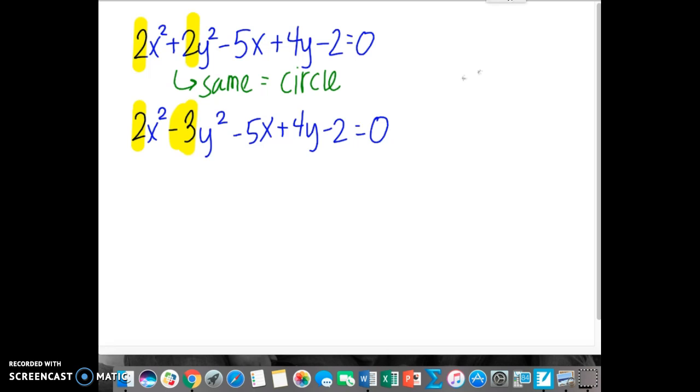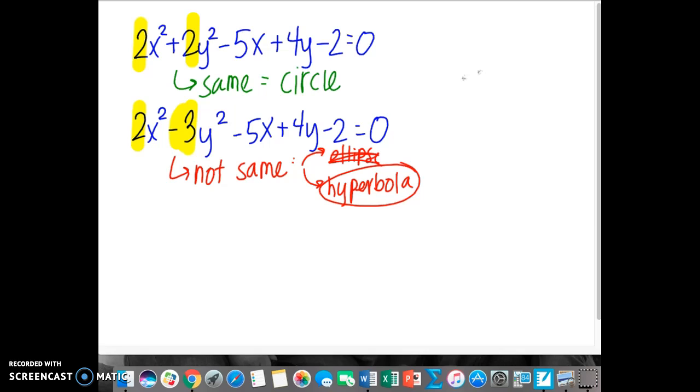Since they're not the same, that tells us we're either going to have an ellipse or we're going to have a hyperbola. The way we know is if they both have the same sign. So if they're both positive, then it's going to be an ellipse. But if we have one positive and one negative, then it's going to be a hyperbola. So we can go ahead and circle hyperbola and cross out ellipse.